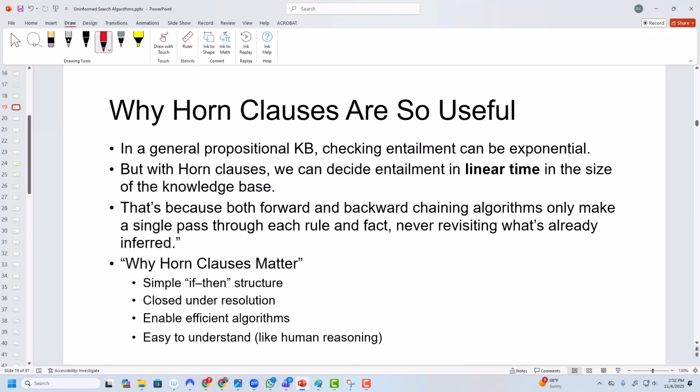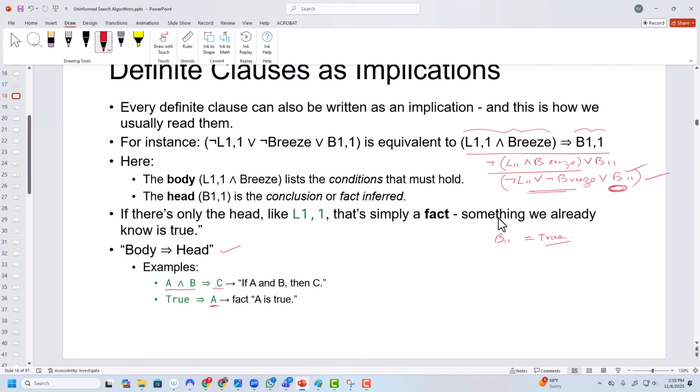So why do Horn clauses matter? Because this is an if-then structure. Like this one: if there is L11 and Breeze, it implies that square 11 is breezy. That's a simple if-then rule.